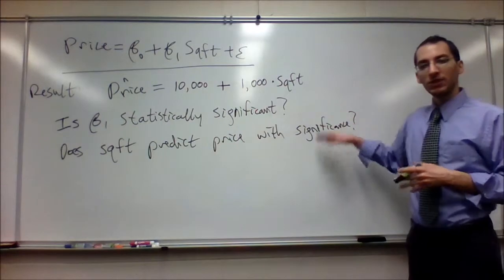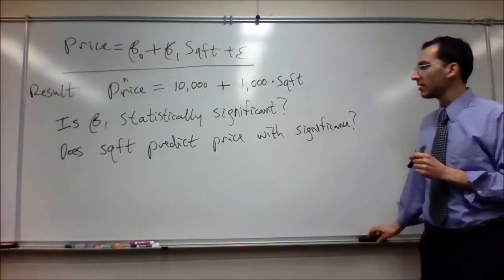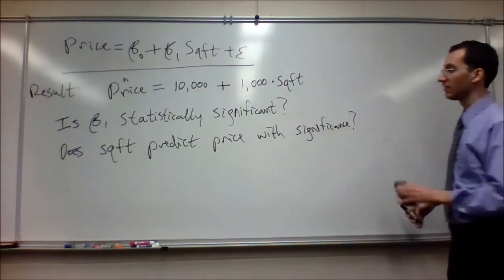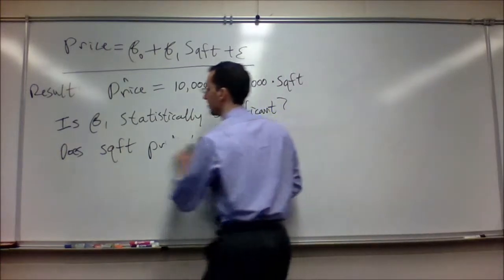Well, naturally, when we do this, we need a null hypothesis of some kind. And so I'm going to erase this to save space and write out sort of what we're working with here in terms of a null hypothesis.